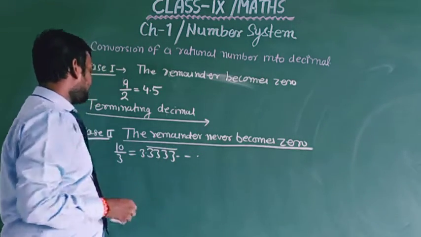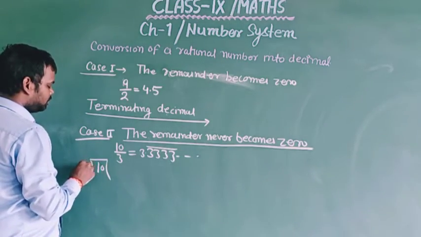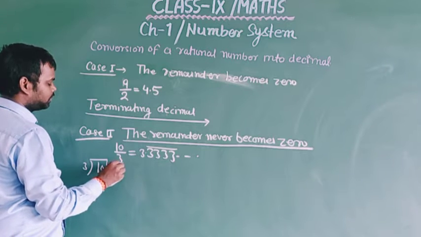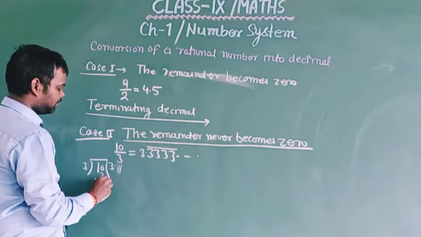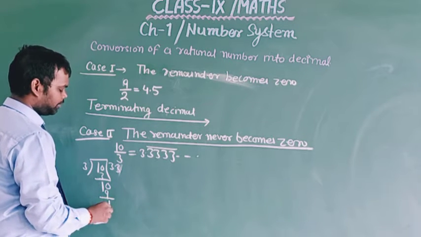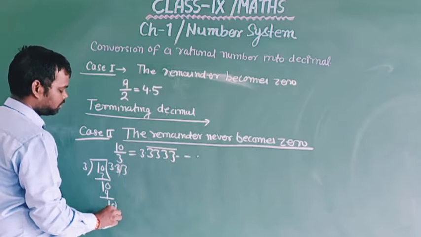We divide 10 by 3: 3 times 3 is 9, remainder 1, and this is the decimal. Again 3 times 3 is 9, and the remainder is again 1, so this is 3.